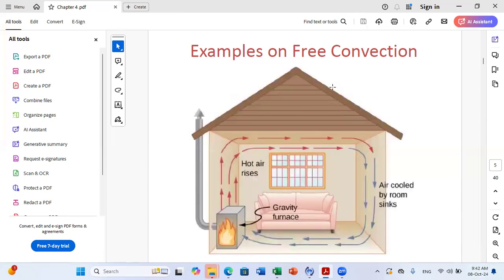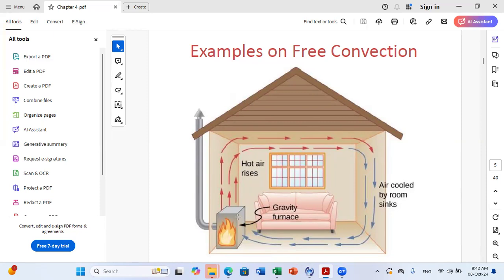Another example of free convection, if you consider, for example, the following home, and you have fire. So how can you create circulation of air in your system? Air close to your furnace will be heated, and hot air will be characterized by a lower density.